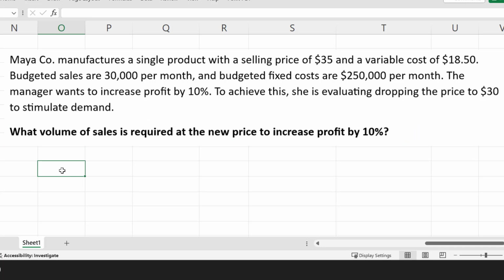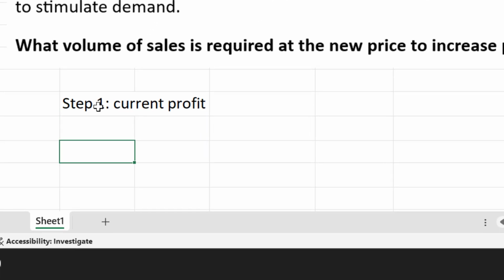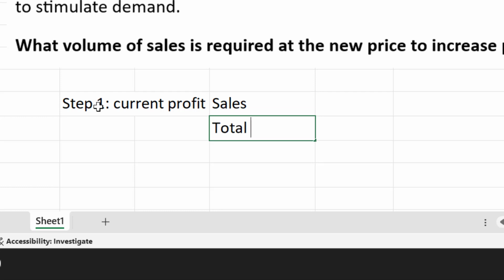The first step will be to find our current profit. So let's call that step 1. And we're going to use the principles that we covered in the previous video. We're going to find our sales, then we're going to get our total variable cost.